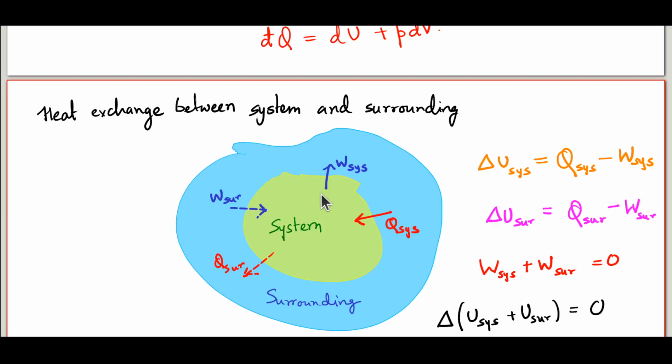But let us now note that the first law of thermodynamics applied separately to the system and the surroundings tells you that delta U of the system is Q system minus W system, and delta U surroundings is Q surroundings minus W surroundings. And when you add these two together, you must get 0, because delta U system plus delta U surroundings is the increase of the overall universe, so to speak, the system plus the surroundings.